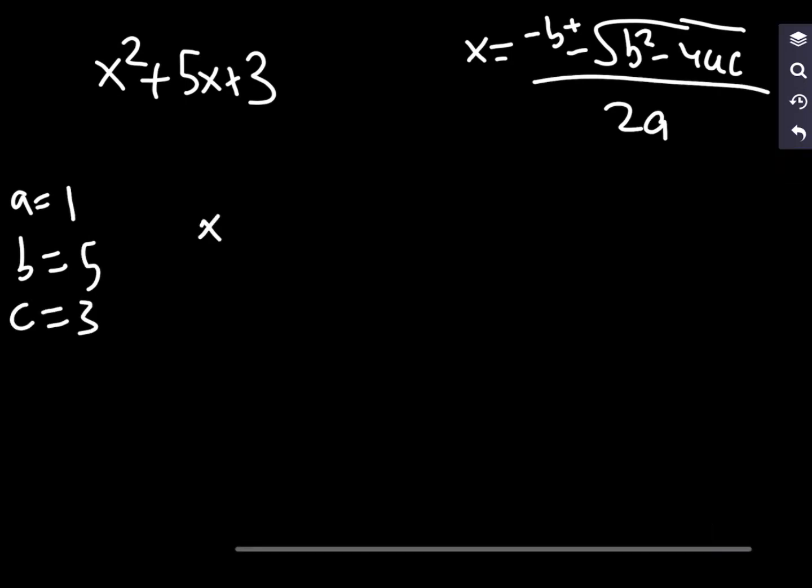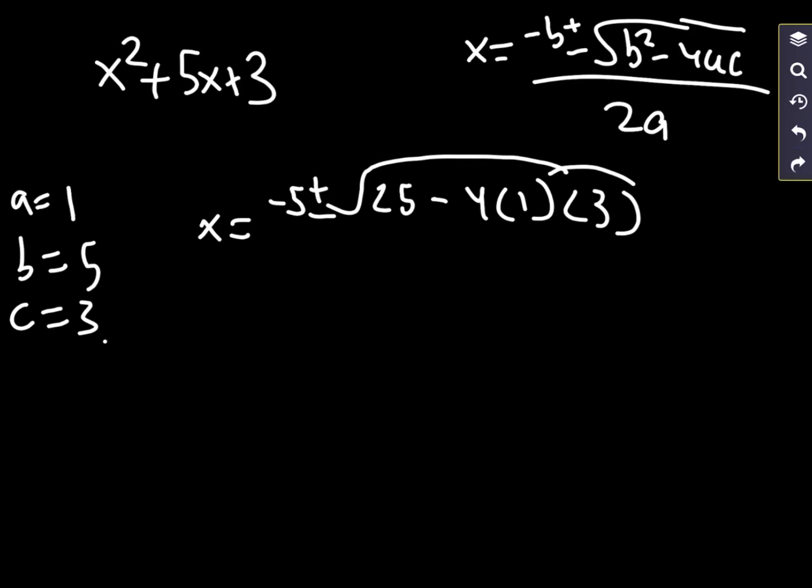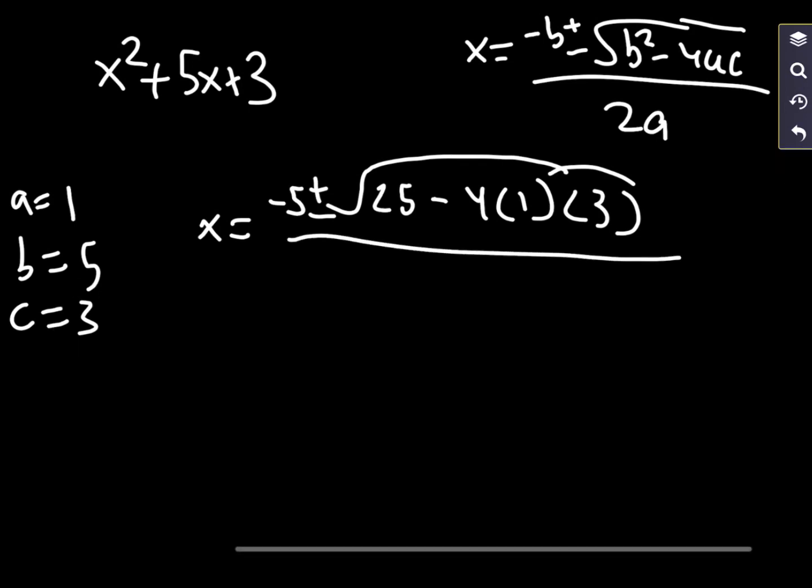Plug this into the equation, we get x equals negative b, so that's negative 5, plus or minus the square root of 5 squared, 25, minus 4 times 1 times 3, so 4 times a times c, all over 2 times a, but in this case 2 times 1 is 2.